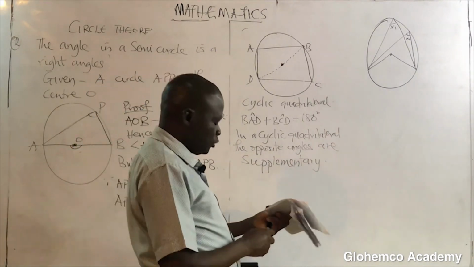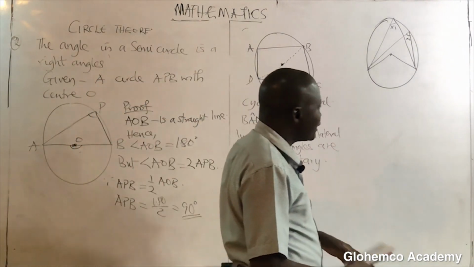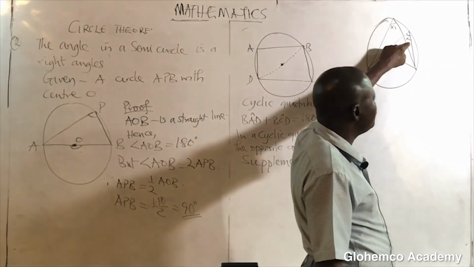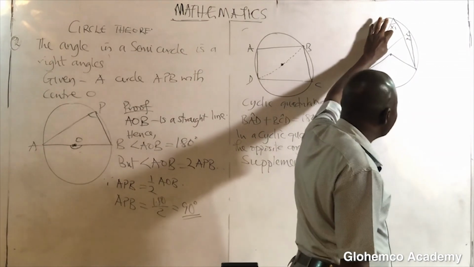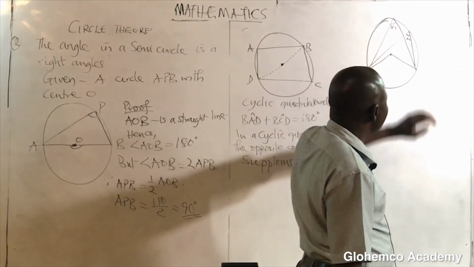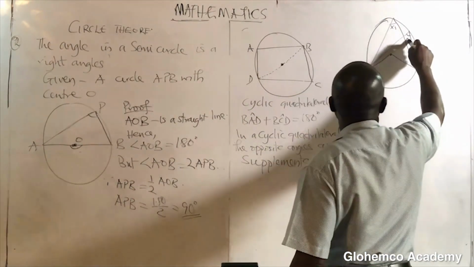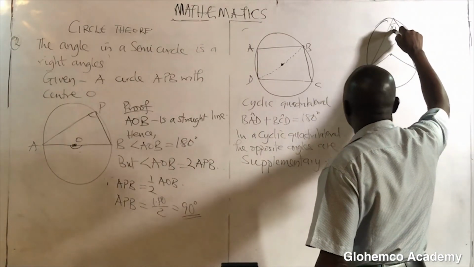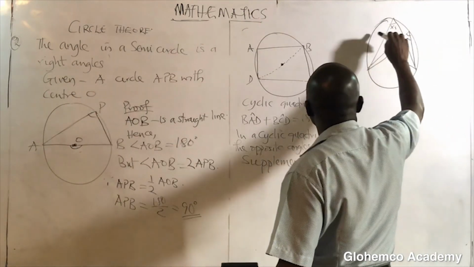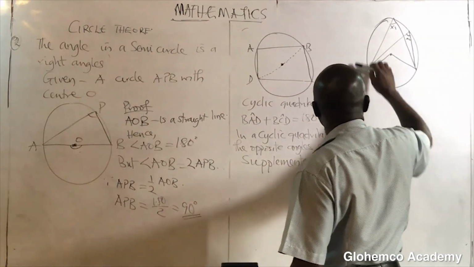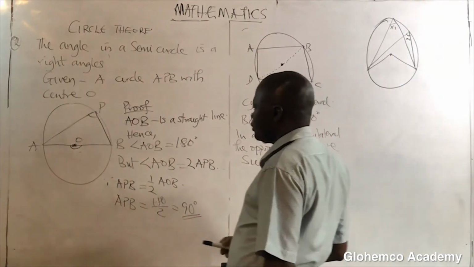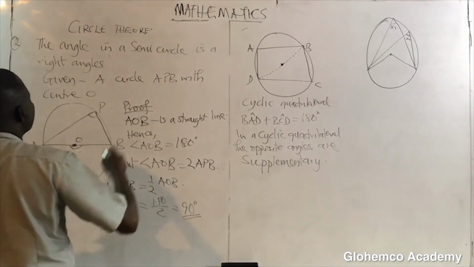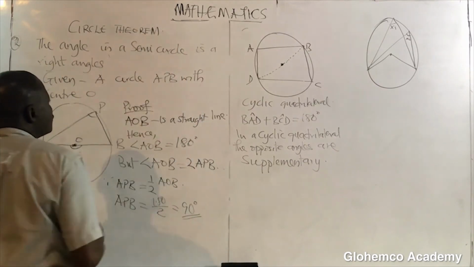This x1 must be equal to x2. If x1 is 75 degrees, x2 must also be 75 degrees. If x2 is 35 degrees, x1 must also be 35 degrees. So any angles formed in the same segment of a circle are always equal. This is also a circle theorem.